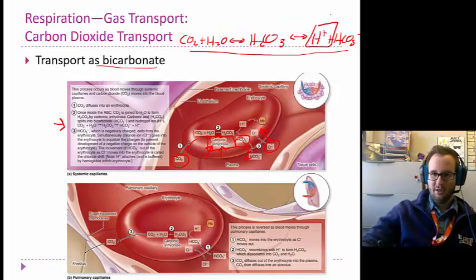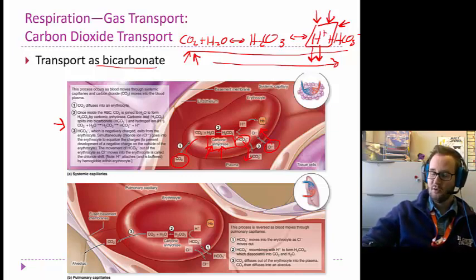But another very important molecule in this equation is this hydrogen ion. Whenever you have a lot of carbon dioxide being introduced and the reaction shifts this way, you're going to produce a lot more bicarbonate, but you'll also produce a lot more hydrogen ions, and hydrogen ions are what makes solutions very acidic. Bicarbonate is a slight buffer, so it helps buffer this, but you'll have a lot of hydrogen ions being produced.